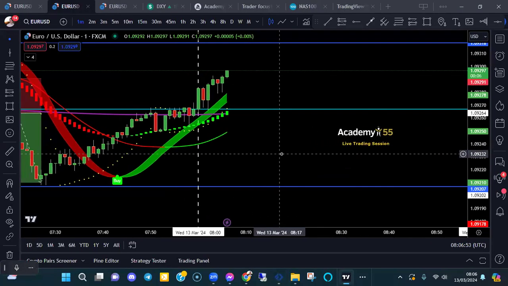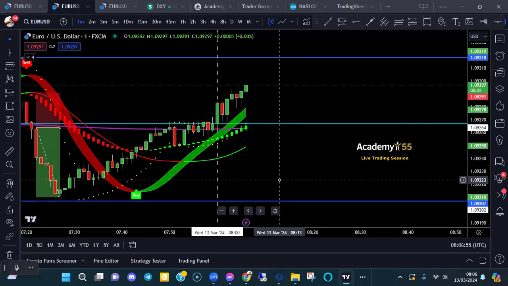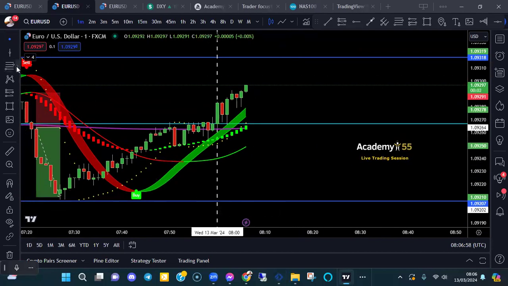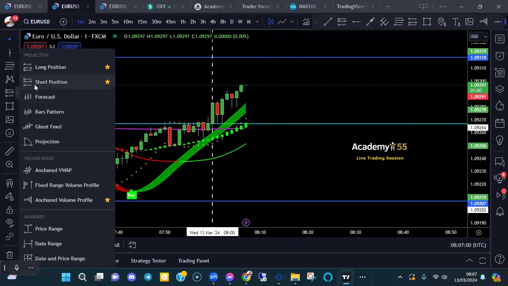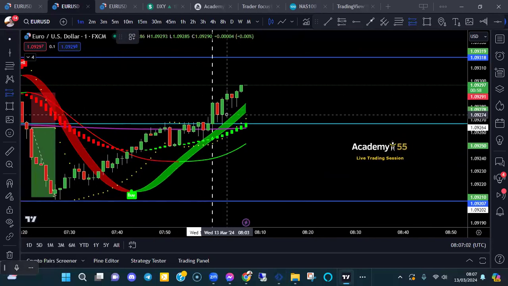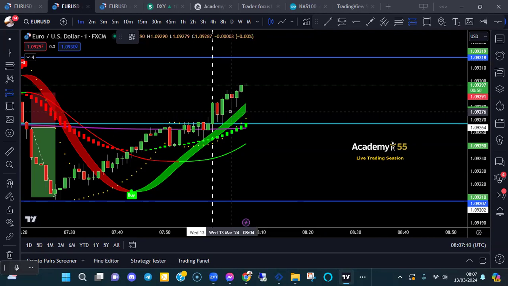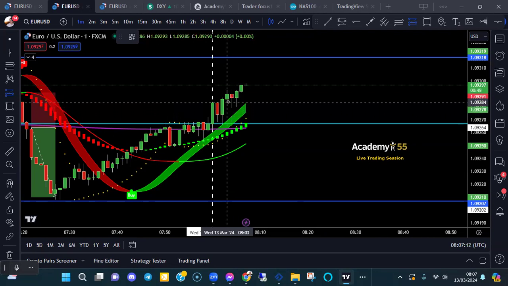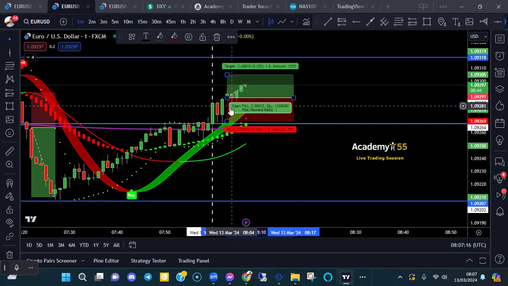and I can mark all that up on TradingView, which I'm going to do right now. Get the long position tool, and my entry was 1.09287 there.